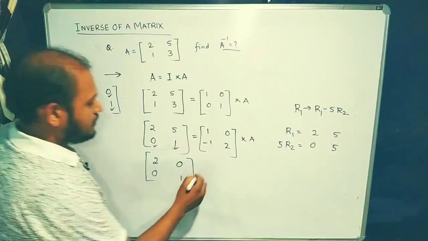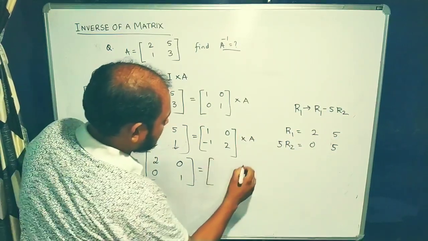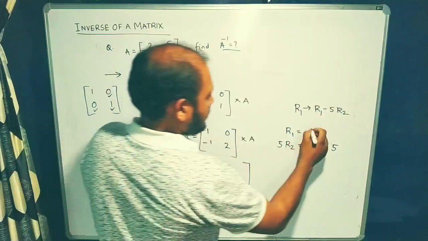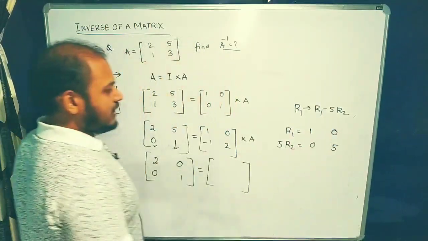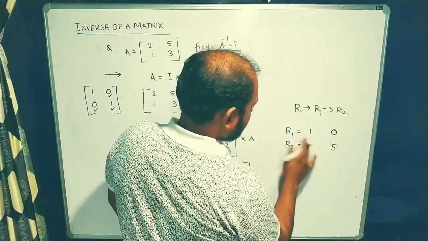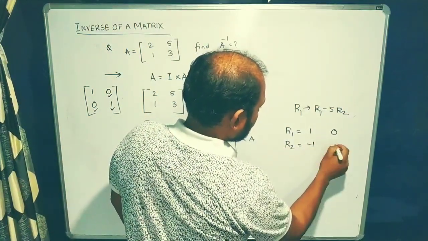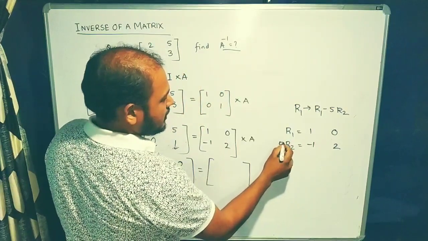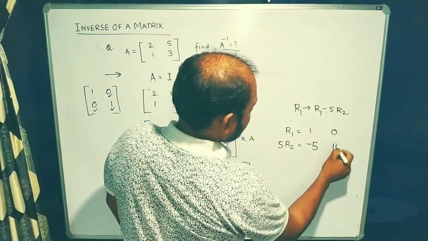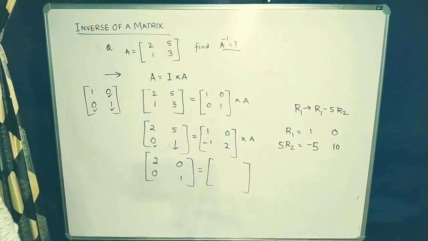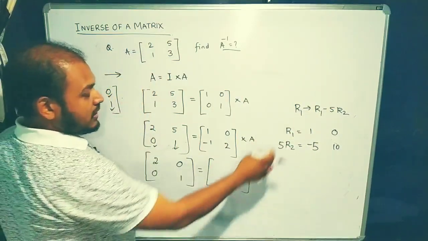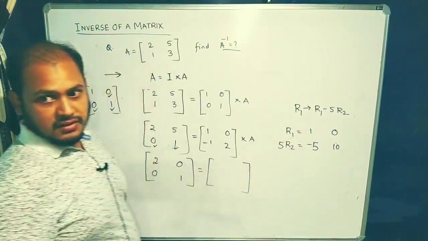So place 0 here. In a similar way, on the right hand side we have R1 is equal to 1 0, and we have R2 is equal to minus 1 2. Then 5 times R2 would be minus 5 and 10, right? So now R1 is getting changed but R2 remains the same.